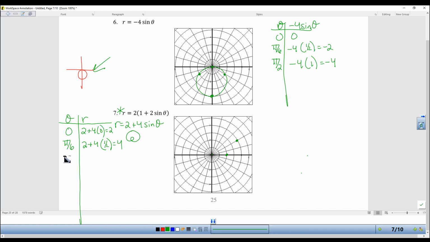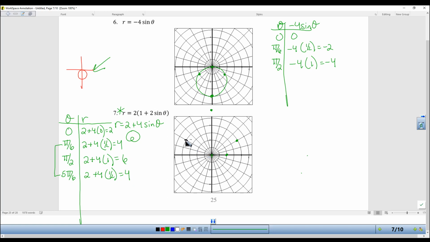Then I'm going to see if I can get away with, because this is clearly making the big part of the loop, not the little inner circle, skipping all the way to pi/2. So pi/2 is 2 plus 4 times 1, which is equal to 6. It goes all the way up to 6. And then it'll repeat for 5pi/6, right? They should be the same because sine is positive in this middle part. Remember, not necessarily the same answer, but the same right there. So I do get 4.